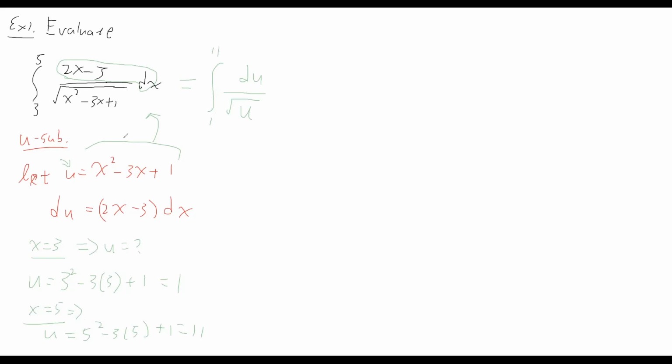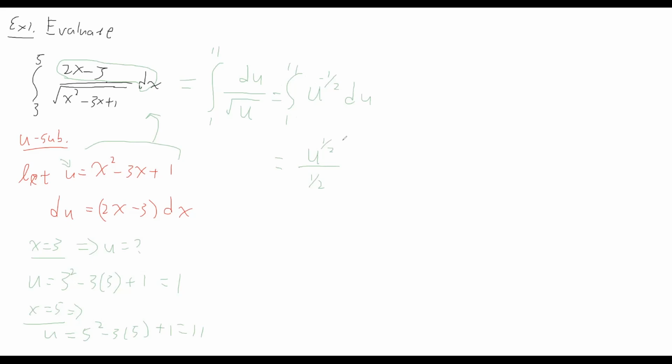Starting from something a little more annoying, we are now back into just a simple power rule with a radical in the denominator. Let's rewrite it in exponent form: u to the power of negative 1/2 du. Integrate that with the power rule: add 1, we get 1/2, and then divide by 1/2.